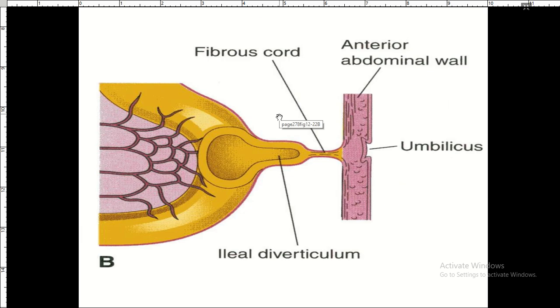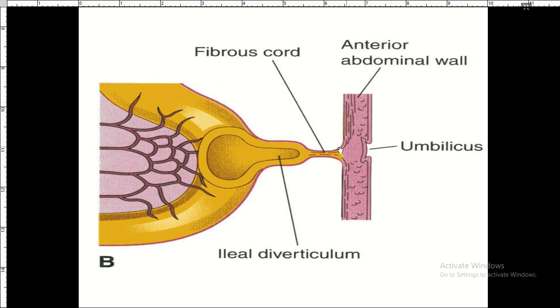Right. What can go wrong with the formation of the midgut? Take note of this. There is what we call Meckel diverticulum. Meckel diverticulum is just a bud connecting to the umbilicus. Like this.